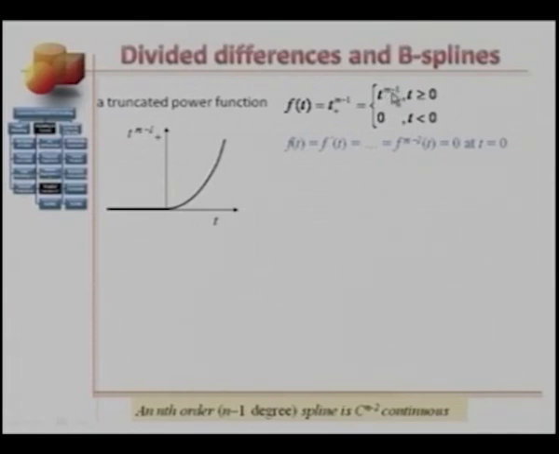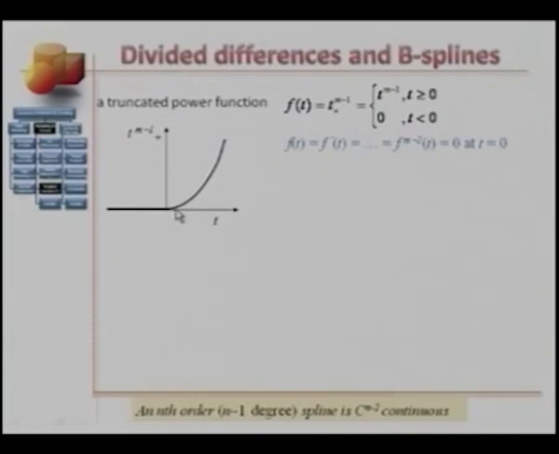The second derivative will be m minus 1 times m minus 2 times t^(m-3), and so on and so forth. If you evaluate these derivatives at t equals 0, you will find that all of them are 0. So these are the right hand side derivatives, that is, derivatives at t equals 0 plus.